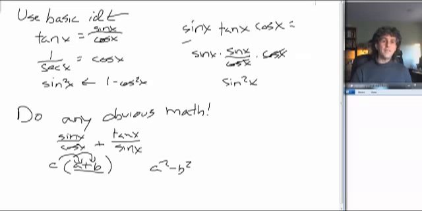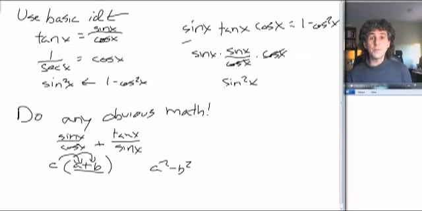In fact, if your job was to prove that this was equal to 1 minus cosine squared x, you would be almost there, because you would then use the Pythagorean identity, sine squared plus cosine squared equals 1. And you would say, therefore, sine squared, we can replace that with 1 minus cosine squared x. And voila, you've done what you were told.